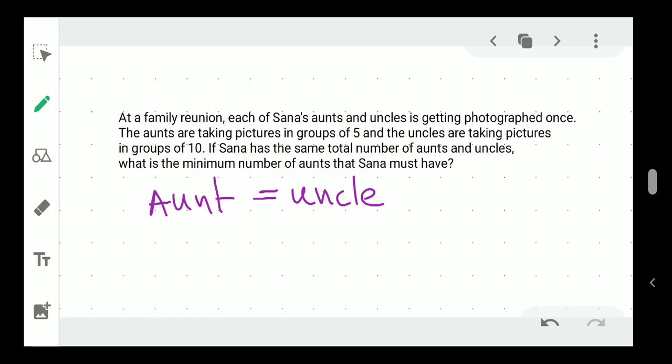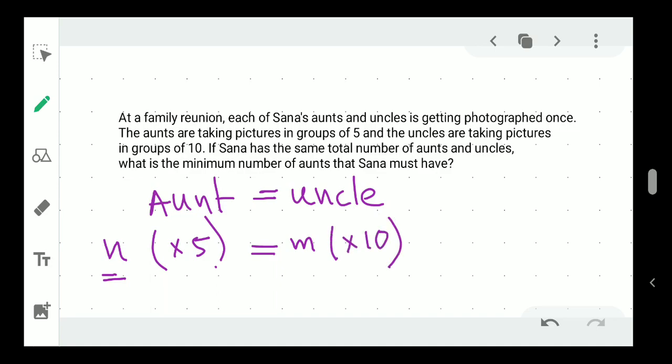So groups are unknown, it can be n number of groups, or any number n. So it can be n into 5 people, and uncles can be m into 10 people. So this is the scenario.